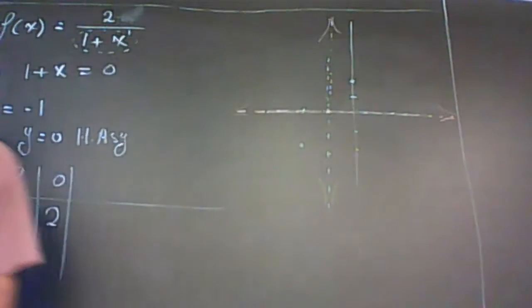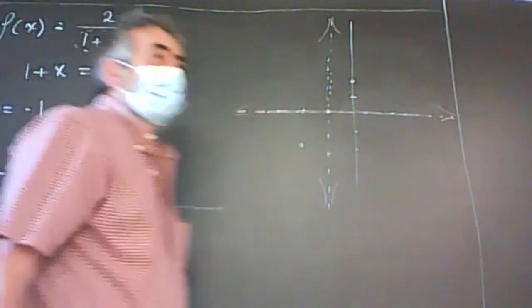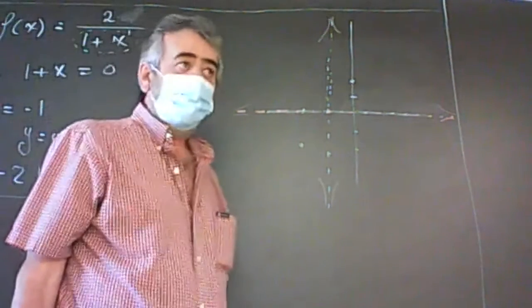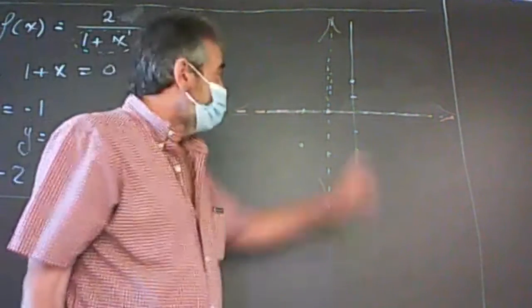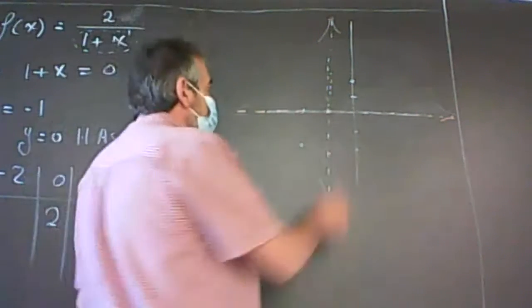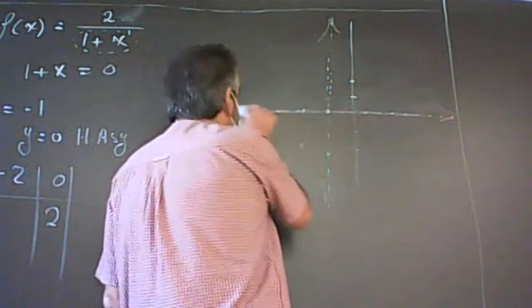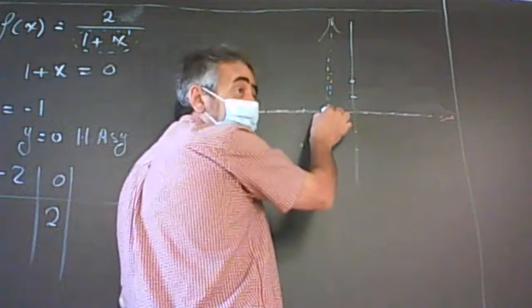Yes? Now, let's see what happens when x gets very close to -1. Okay? So we can get close to -1 from this side, right? Or from this side.